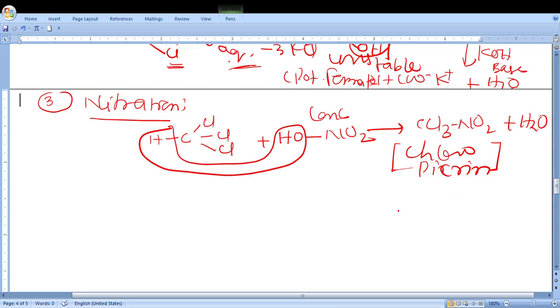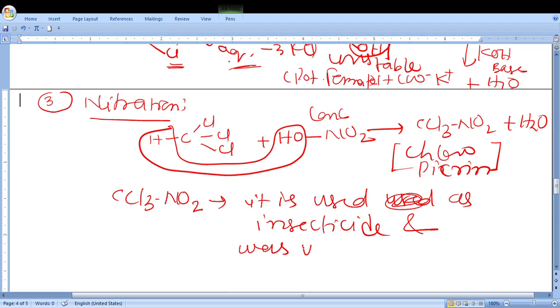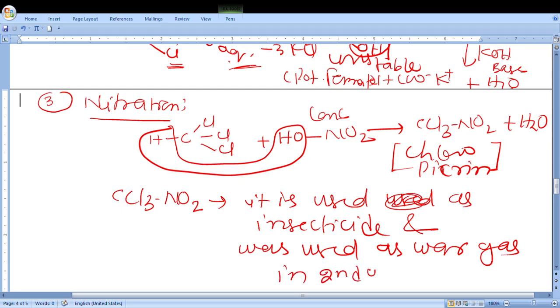And this chloropicrin, CCl3NO2, is used as an insecticide and was used as a war gas in the Second World War.